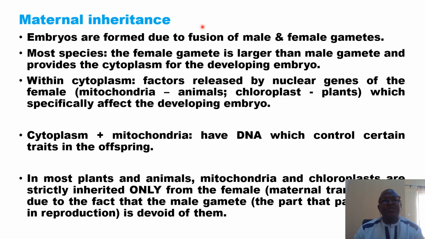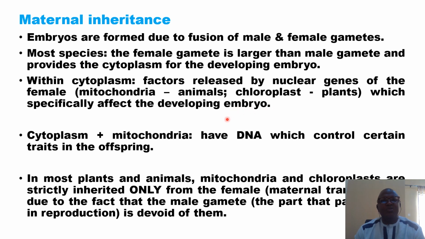Maternal inheritance. There's another type of inheritance pattern known as maternal inheritance, and it leads to departures from the classical Mendelian ratio. Embryos are usually formed due to the fusion of male and female gametes, and in most species, the female gamete is larger than the male gamete, and it provides the cytoplasm for the developing embryo.